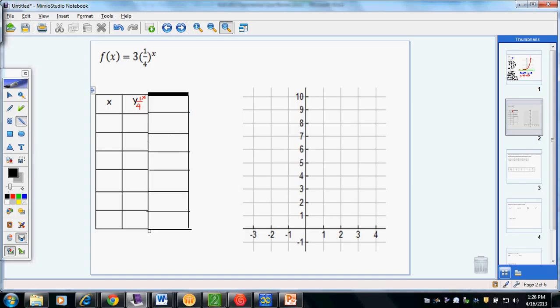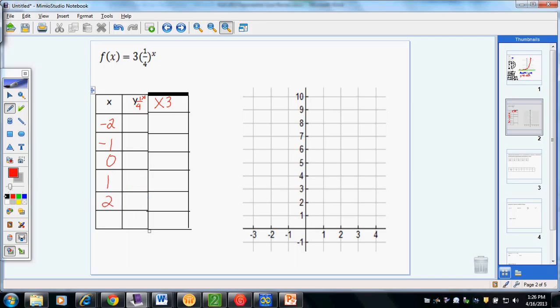Okay, so this is where we multiply it by 3. All right, so let's look at 1/4 to the x. Okay, so again, -2, -1, 0, 1, and 2.